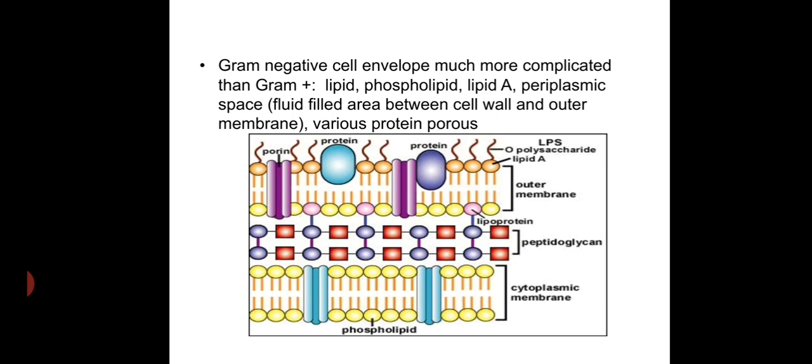The periplasmic space is a fluid filled area between the cell wall and outer membrane, along with various protein pores. So Gram negative bacteria can produce LPS, that is lipopolysaccharide or endotoxin, which is toxic to animals. So these bacteria can cause bacterial infections. This is the detailed structure of the bacterial cell wall.